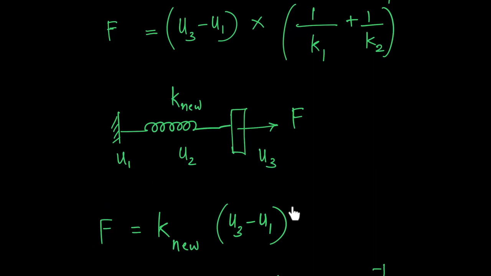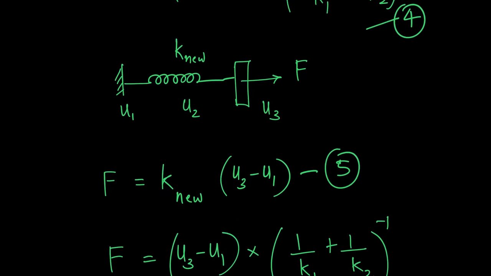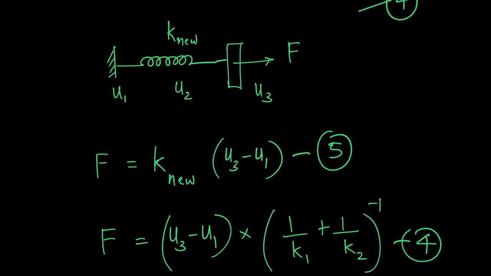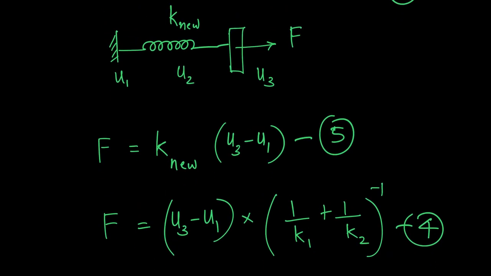So for this new spring, I can write this equation. Let's say this final equation was equation number 4, and this new equation is equation number 5. I'm writing equation 4 and 5 next to each other. Now we understand they're both similar.